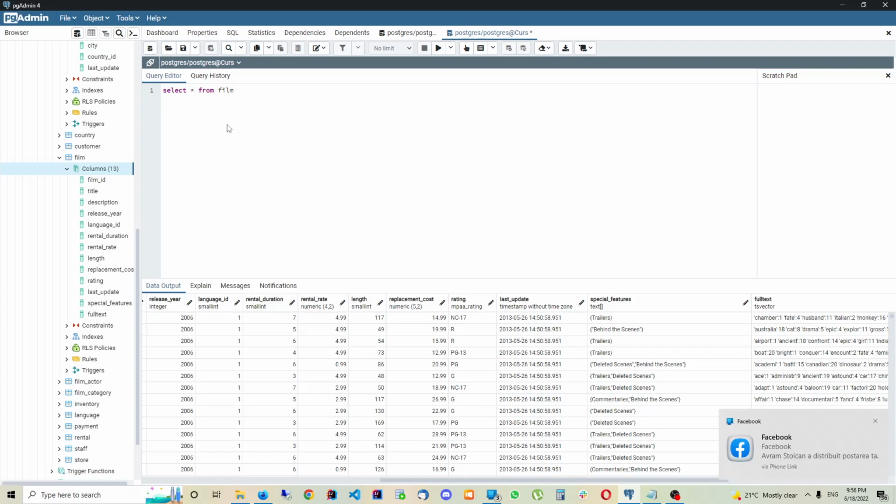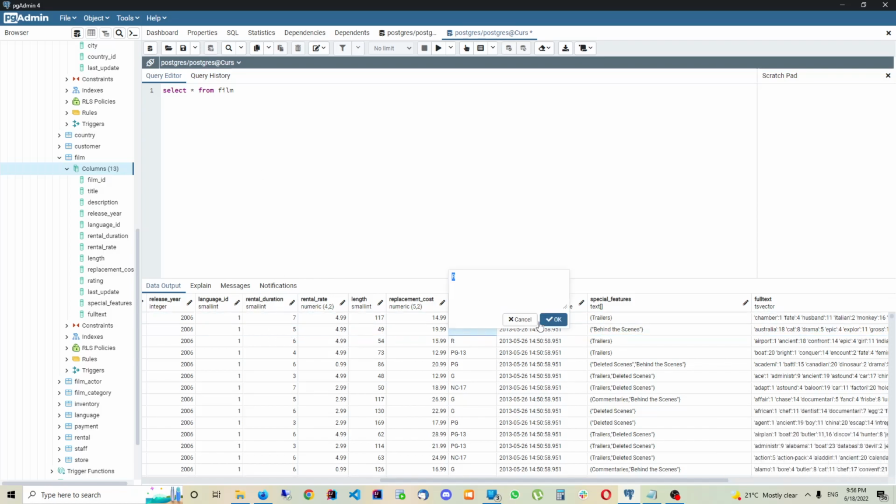So let's get all the movies that have rental duration 5 and rating is R, or let's get all the movies that have rental duration 7 and rating is NC-17. So I can achieve that by writing this.